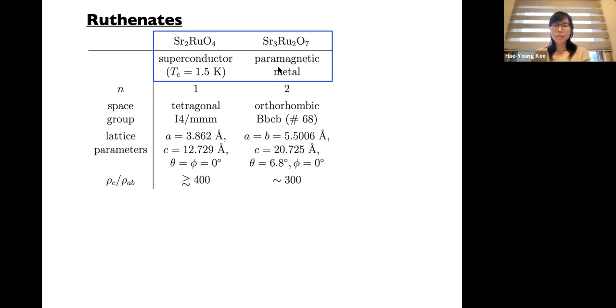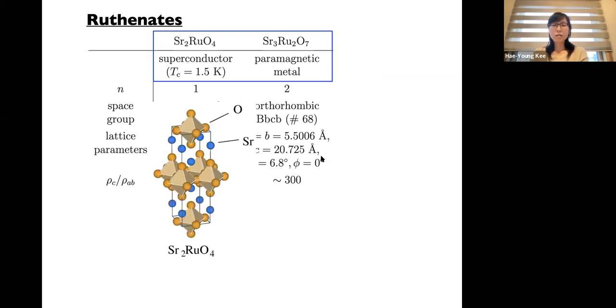On the other hand, for the 327, again, it's a sister compound with n=2, meaning bilayer. And note that this angle theta, which is different from the single layer, is 0, while this is 6.8. There is a staggered rotation of the octahedra, which again plays an important role. So I want you to pay attention to some of the details here, like the single layer with superconductivity at 1.5 Kelvin.